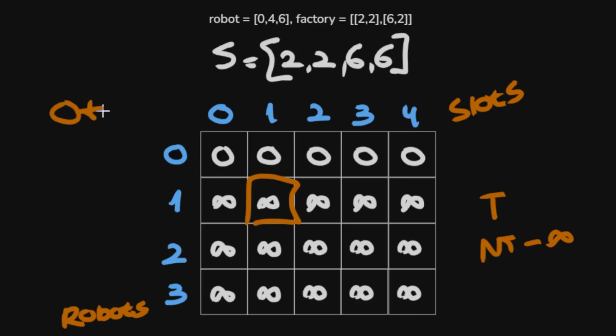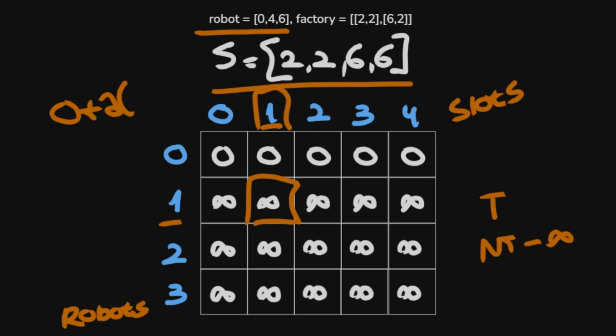So we do 0 plus the corresponding distance for repairing this robot with this slot. And for this we have these 2 arrays. We take the absolute difference of slots at 1 minus 0 because these are counts and these are 0 indexed arrays. So we are looking at the first slot, which corresponds to index 0.